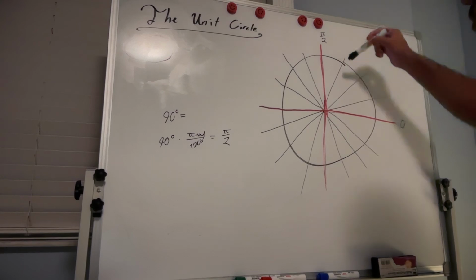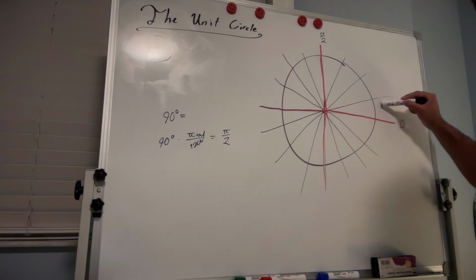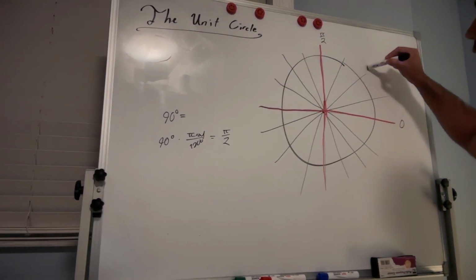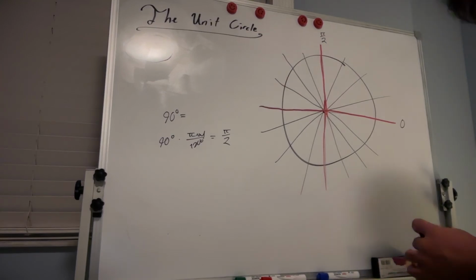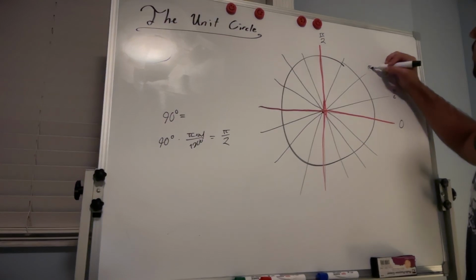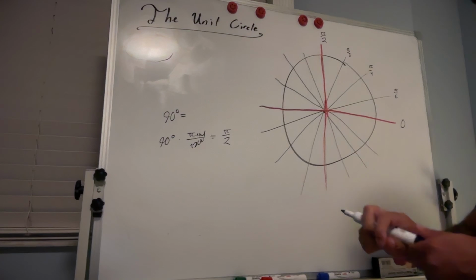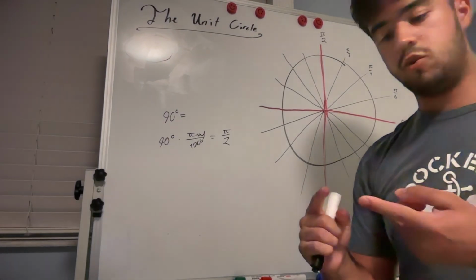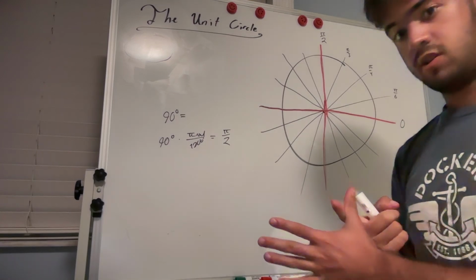Now on the unit circle, this bottom one here is 30, this is 45, and this is 60 degrees. So in radians, the easier way to remember it is pi over 6 on the bottom, pi over 4, and pi over 3. On the unit circle, you're going to end up using, for angle measures, 1, 2, 3, 4, and 6.